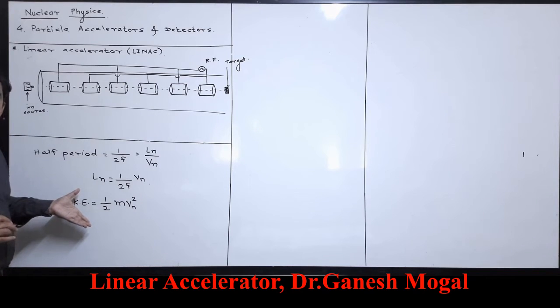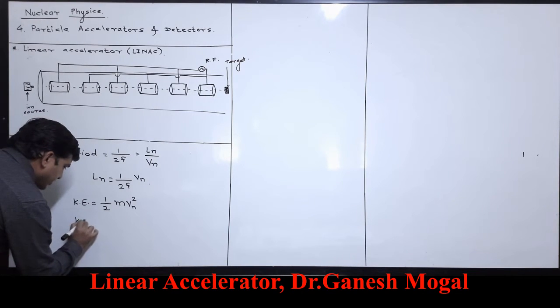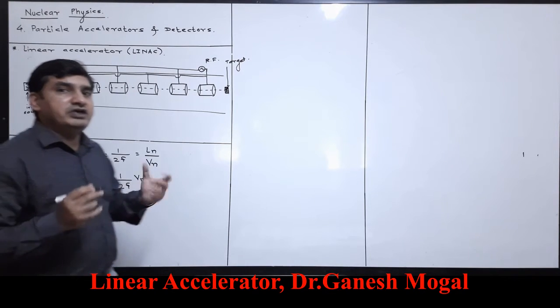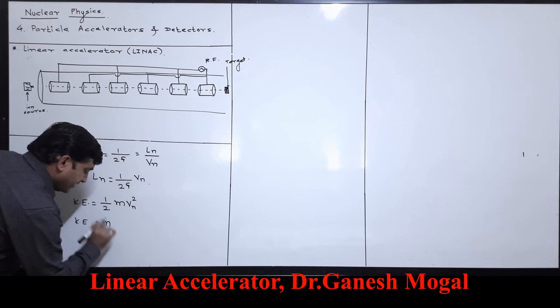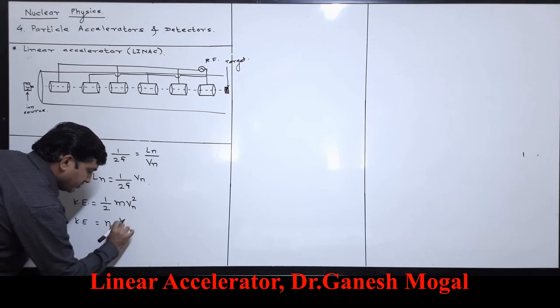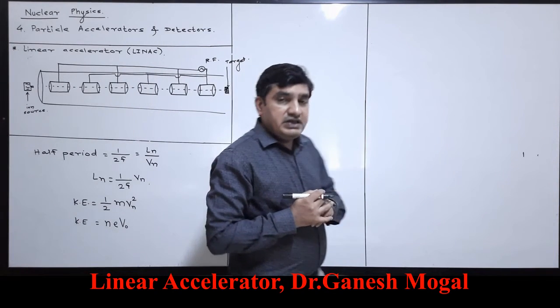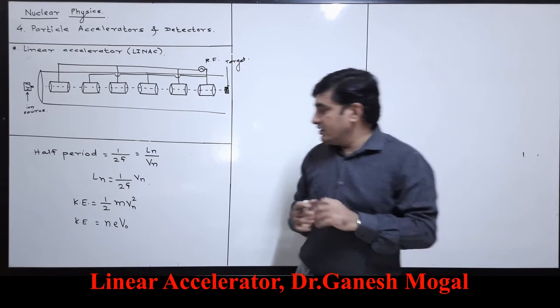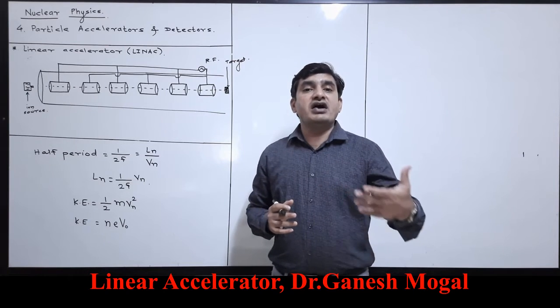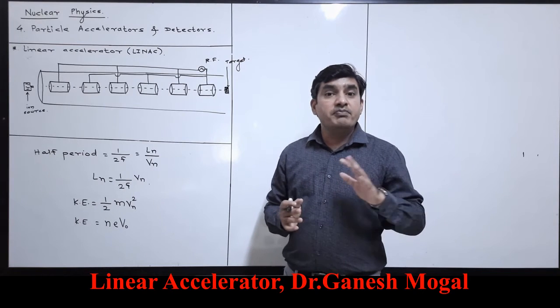Now we know that kinetic energy is equal to E into V. But here we consider n into E into V0, where V0 is the potential difference, E represents the charge on a charged particle, and n represents the number of charged particles.